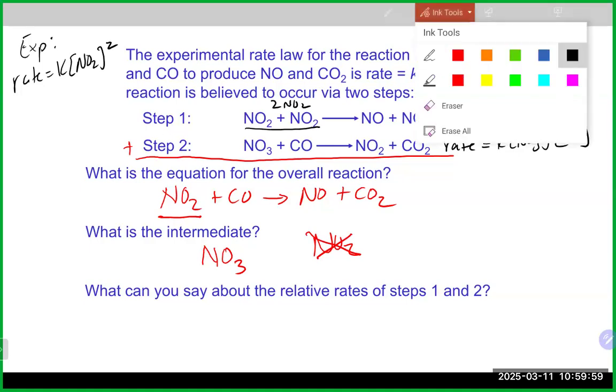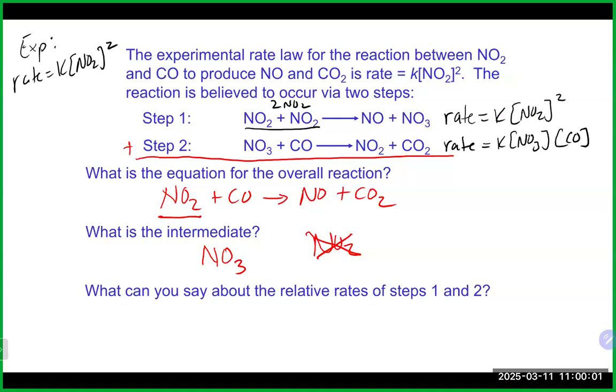The rate law found experimentally is this, and the rate determining step should have the exact same rate law as the one found experimentally. So which one has the exact same rate law? It is the first one.